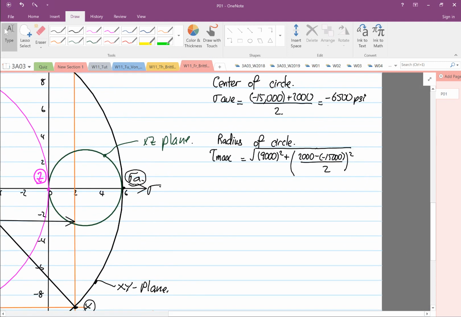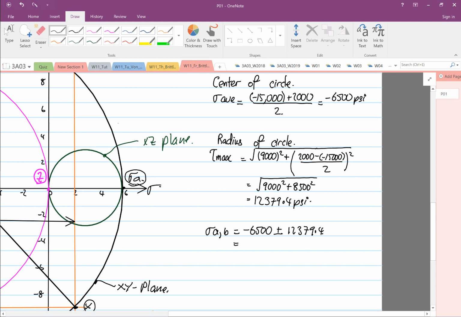So this will come out to be equal to 9,000 squared, right? So this will be equal to 12,379.4 psi. And then from here we can calculate our stress A and B. So this is equal to minus 6,500 plus or minus 12,379.4.